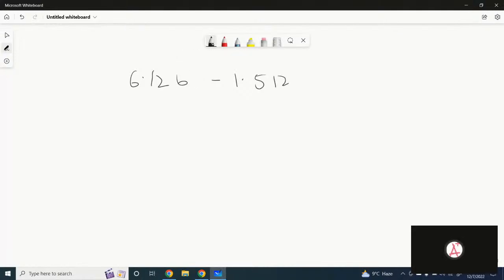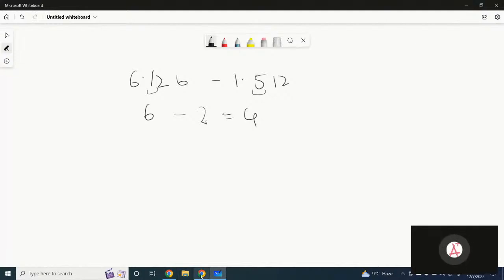You have to round 6.126. The next number after the decimal is 1, and 1 is less than 5. That means you round on the same whole number. It would be 6. Minus, here you have 5. 5 is equal to 5. You have to round up, which means add 1 to 1, and 1 plus 1 is 2. So 6 subtract 2 is 4. Got it?